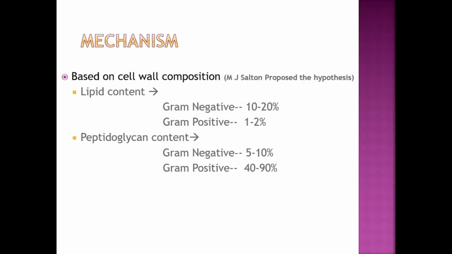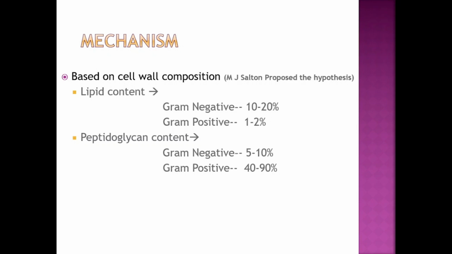This leads to the escape of the crystal violet iodine complex from the gram negative cells, and the cells appear colorless on treatment with the decolorizing agent. Now such decolorized gram negative cells can take the secondary color safranin and appear pink in color.